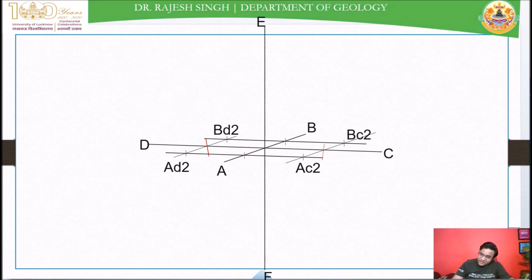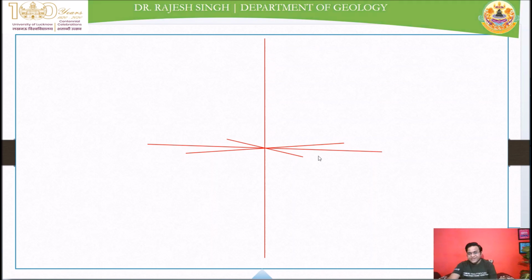Reduce the C axis to 0.9, so mark 0.3 inch reduced from both ends of the A3 axis, keep the A2 axis as it is, and join these two lines. So this is the reduction in the A3 axis, keeping the A2 axis the same. Now this is the axes of the hexagonal system.